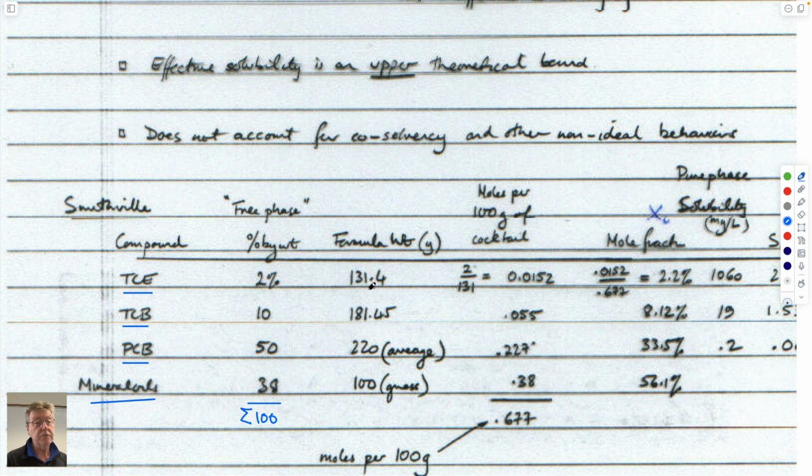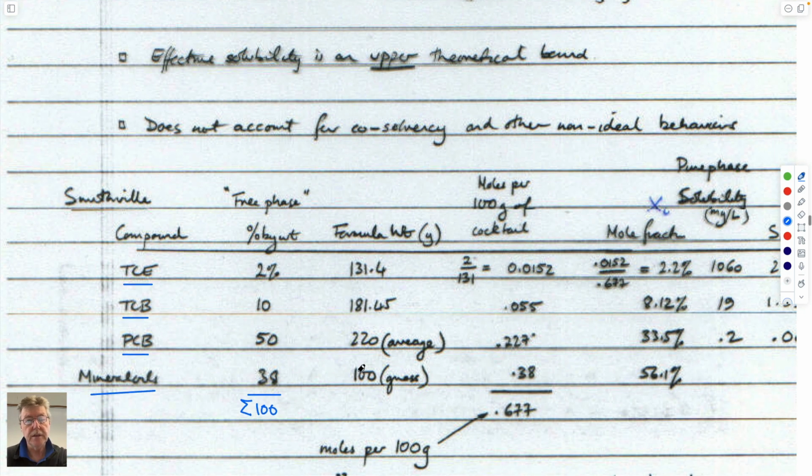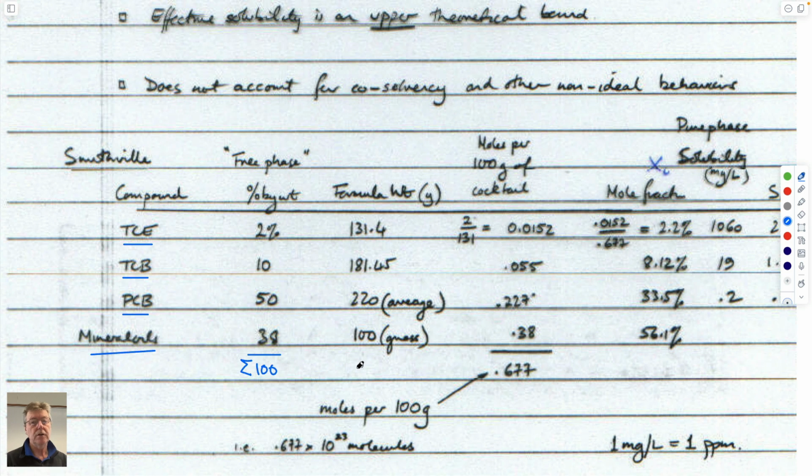If you know the formula weights for each of these compounds, then you can calculate the amounts of these. So if you have 2% by weight and the formula weight is 131, then it's 2 over 131, at least in the proportion. This would be 10 over 181, etc. And then this would be 50 over 220.